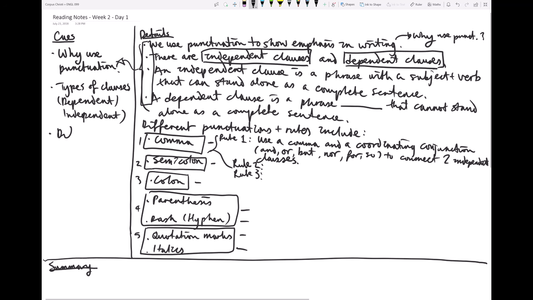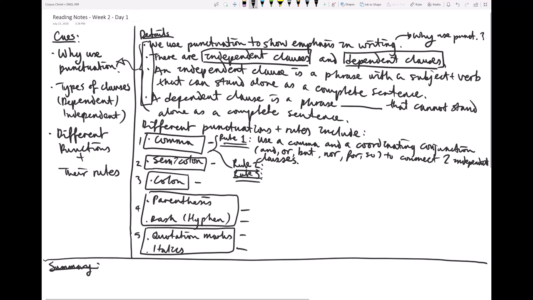And then I have different punctuations and their rules. Okay, so that's my short set of cues to help me remember the details if I were to look at them later on. But yours is probably going to look a lot more detailed because you'll be covering all the different rules.